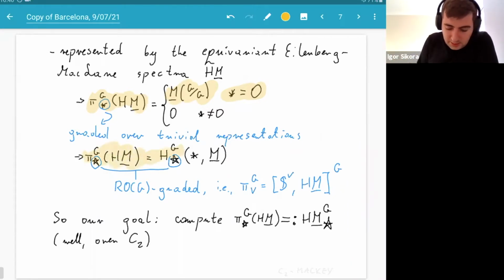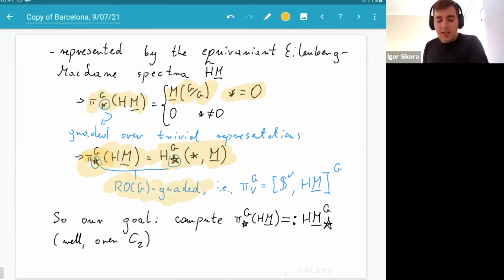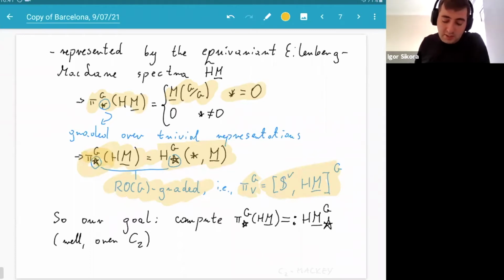By this formula here, the G-equivariant homotopy groups of HM are the same thing as the G-equivariant RO(G)-graded Bredon homology of a point with coefficients in M. So here, by the star, we mean that these homotopy groups or homology are RO(G)-graded, which means that the V-th homotopy group is the space of G-equivariant homotopy classes of maps from the representation sphere associated to V, the one-point compactification of V, to HM.